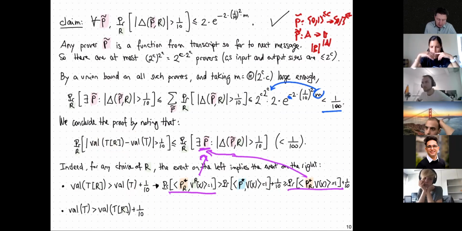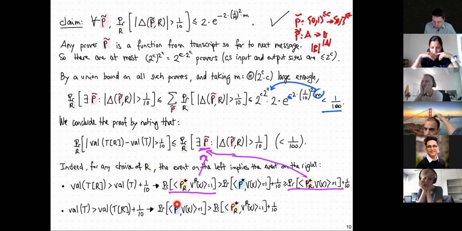If you had the value of the original tree greater than the residual tree plus 1/10, that means that there is some choice of optimal prover for the original game and some choice of optimal prover for the residual game that make this true. But again, the optimal prover for the original game will not do better than the optimal prover for the residual game.